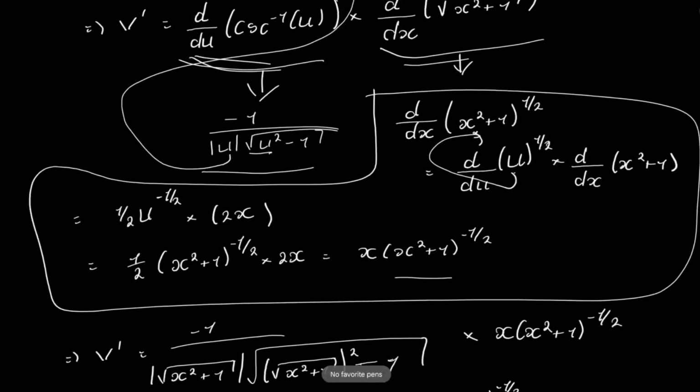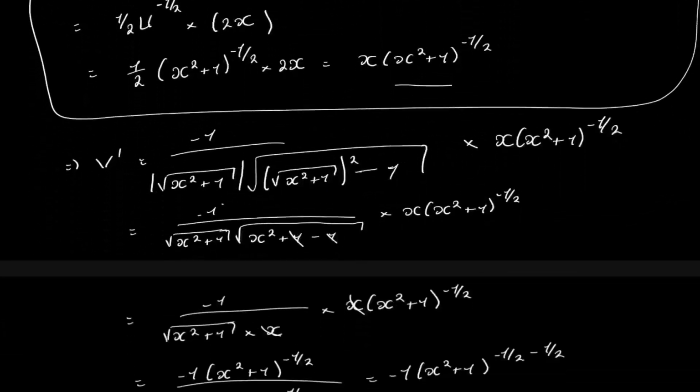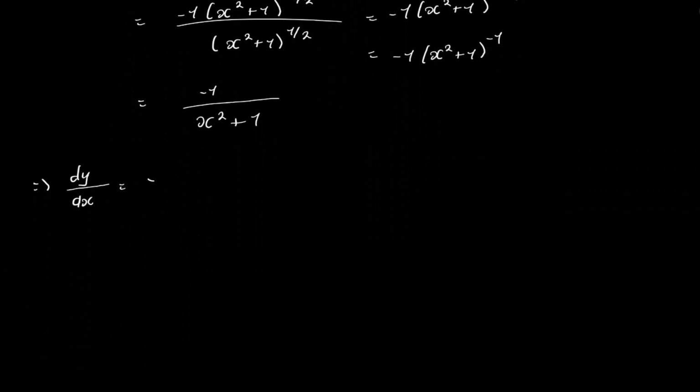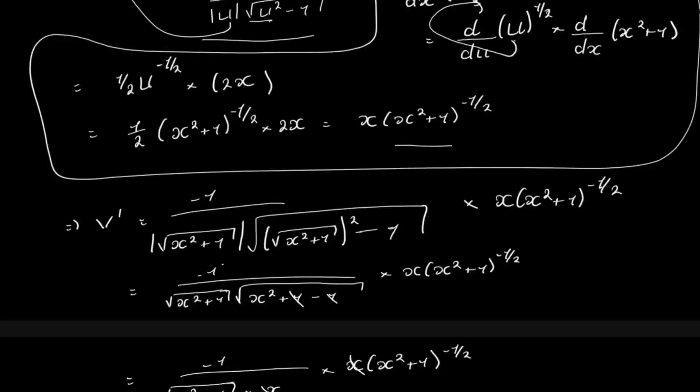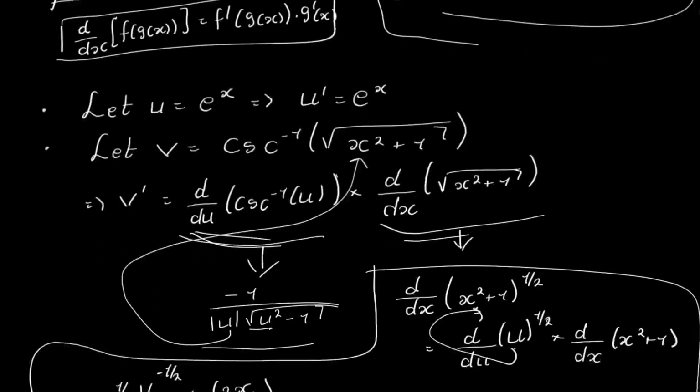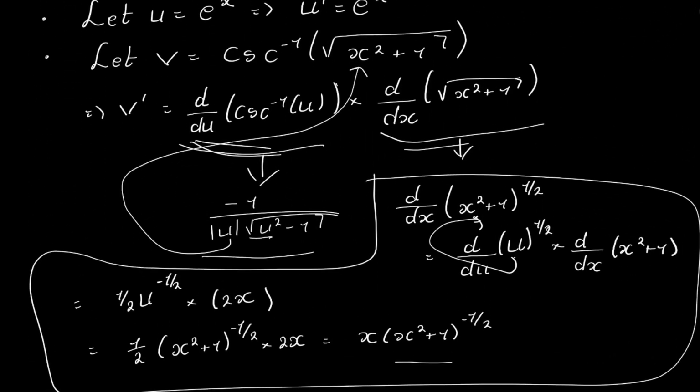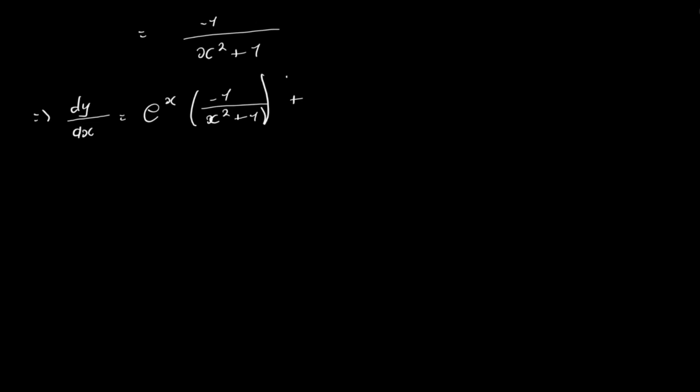What is our u? Our u is e to the x, times dv, plus v. What is our v? Our v is cosec inverse of square root of x squared plus 1. There's no need for me to write it completely.